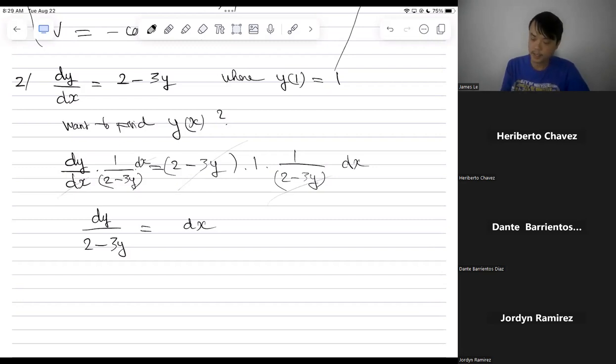Okay, this is an important step. Don't do it like this. When I taught Math 46, many students messed up the first step. They move things or put it like this.